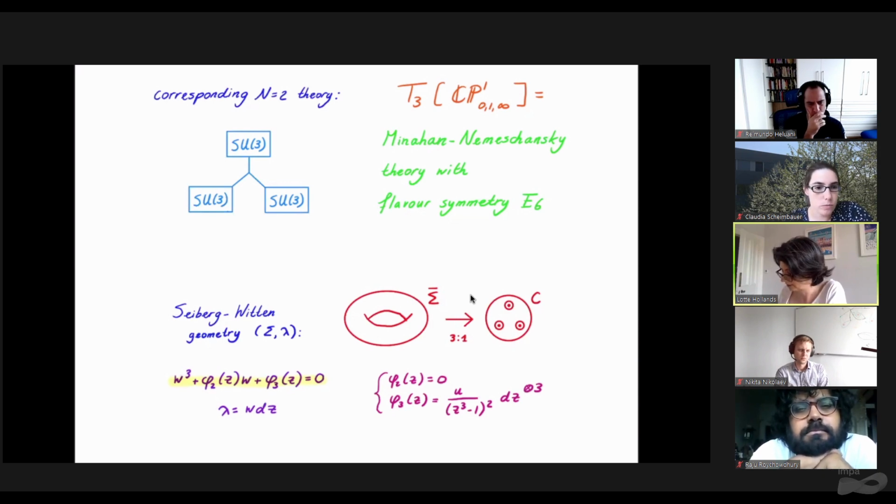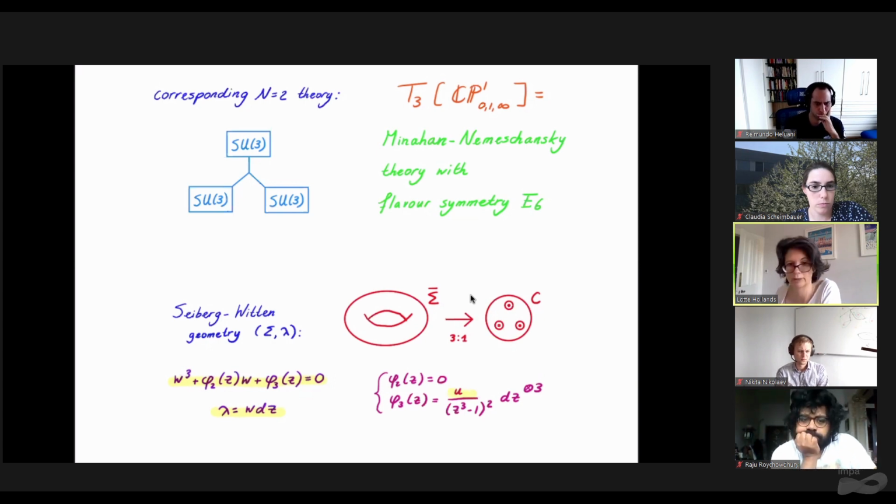In the form that I've written it here, the canonical one-form, or Seiberg-Witten form, has this natural form. Notice that phi2, the quadratic differential, is just equal to 0 for this theory, and phi3 is proportional to the complex parameter u, which is the Coulomb parameter of this theory. So this theory has a one-dimensional Coulomb branch.